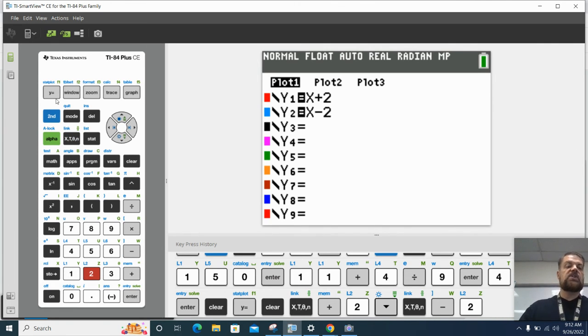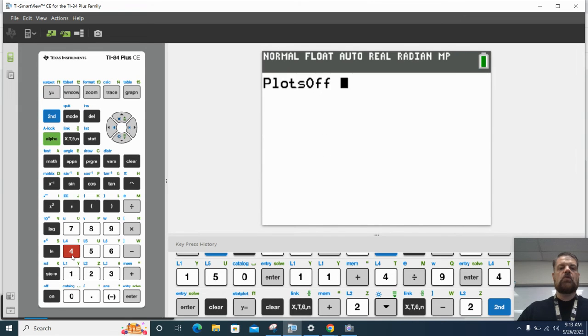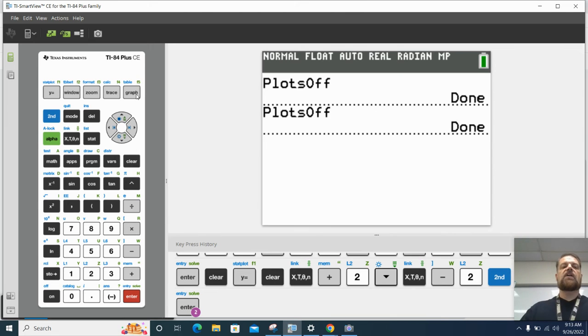Now, one other thing, let's make sure our stat plots are off. So hit second y equals. Option number 4 turns all those off. So if you hit 4, right, remember that? Am I going too fast? Do you guys remember how to do that? We're good? All right. Hit enter. That's done. Now what I want you to do, we're going to try something different. What's the word above the graph button? Table, right?